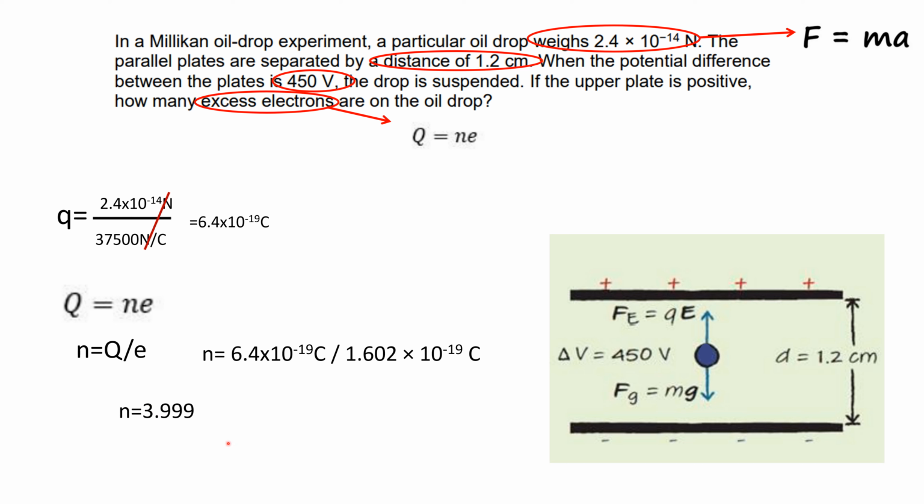The calculator will give you 3.99, which is incorrect because electrons can't have decimals, we can't get a half of an electron. That doesn't make any sense. So we would get n equal 4 because we want it as an integer, not as a decimal. So that's it. It's a really easy question.